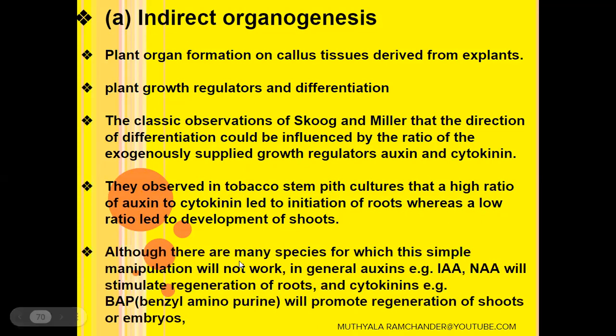Although there are many species for which this simple manipulation will not work, in general auxins, for example indole acetic acid and naphthalene acetic acid, will stimulate regeneration of roots. And cytokinins, for example BAP, benzyl aminopurine, will promote regeneration of shoots or embryos.